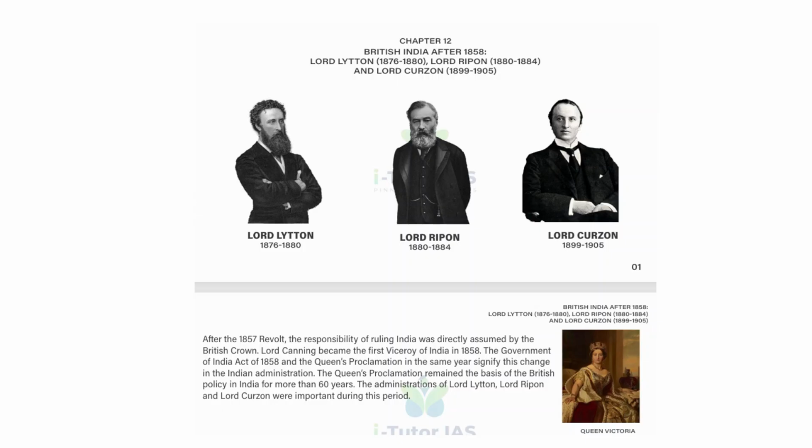If we're discussing this period, British India after 1858, the period of British rule in India after 1858, is known as British Raj or Crown Rule. It began with the transfer of power from the East India Company to the British Crown following the Indian Rebellion of 1857.